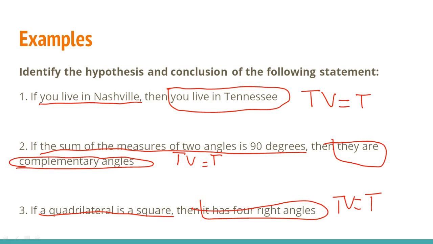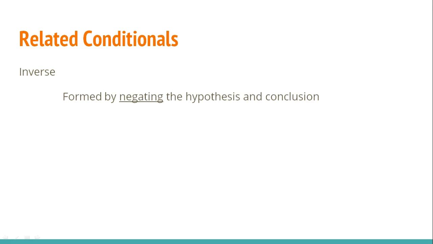So now that we looked at these conditional statements, there are 3 other types or variations of conditional statements that we can have. These are all called related conditionals. The first one we're going to look at is the inverse of a conditional statement. And this is formed by negating the hypothesis and the conclusion. We talked about negation in the previous video.